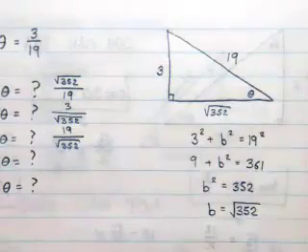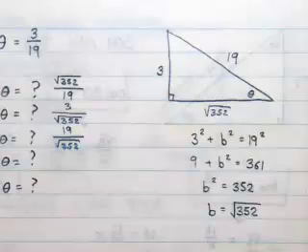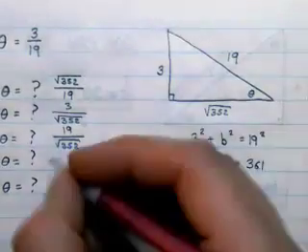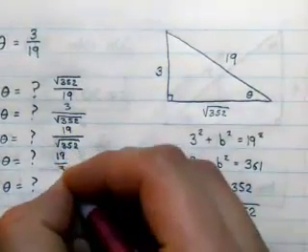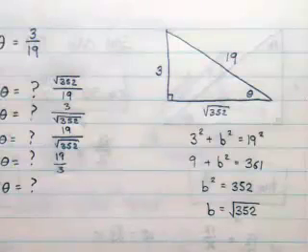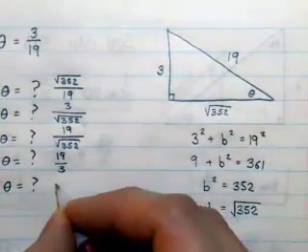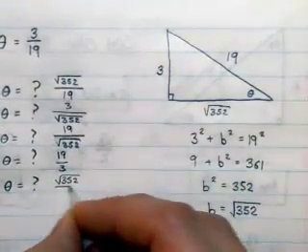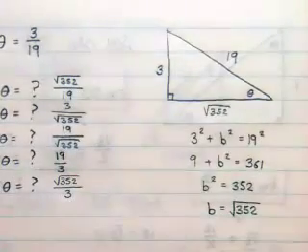Now, cosecant is the reciprocal of sine, so it's 19 over 3. And then the cotangent is the square root of 352 over 3. It's the reciprocal of the tangent.